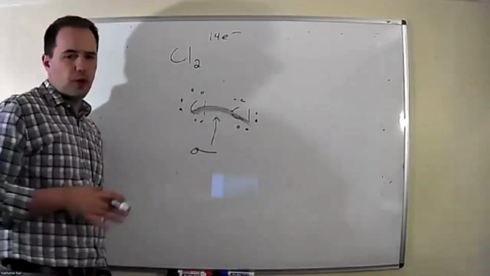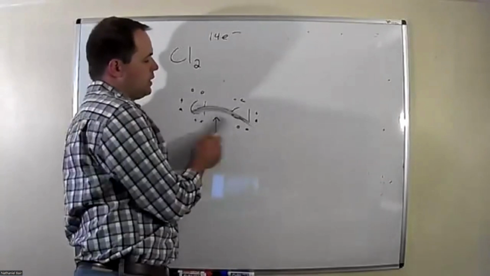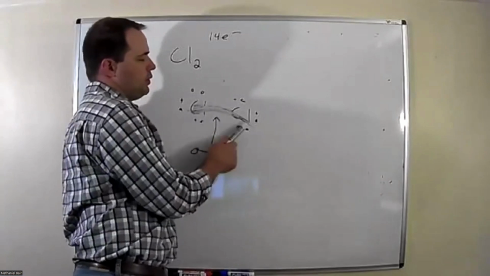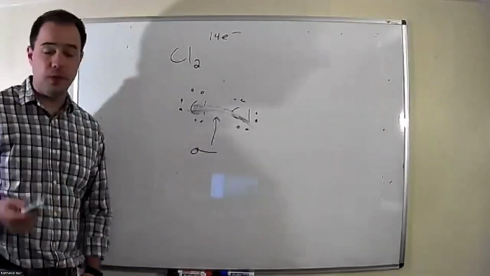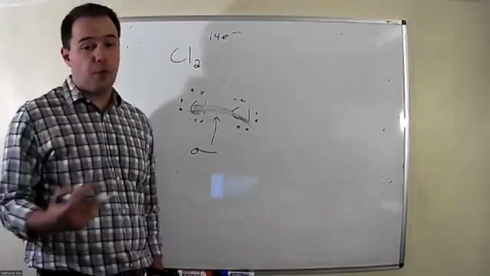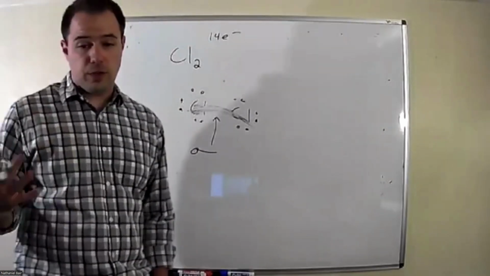The first choice for a molecule is always to share the electrons in the internuclear space and form a sigma bond. But here's the problem. What if we have a double or triple bond? Where do the other electrons get shared?